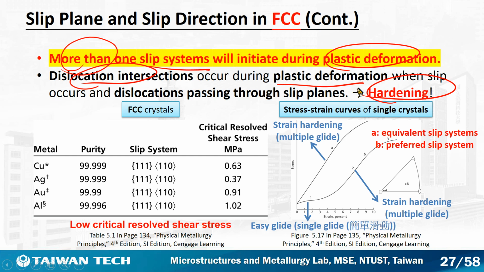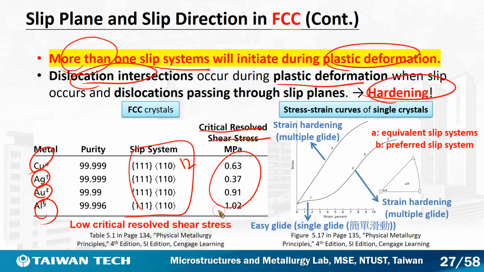And we can see here for these FCC crystals, we have copper, silver, gold, and aluminum. They have this unique slip system, and in detail, we have 12. And for the critical resolved shear stress, you can see here, this value is actually very low.